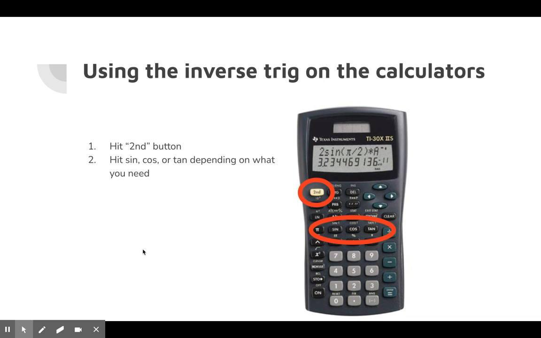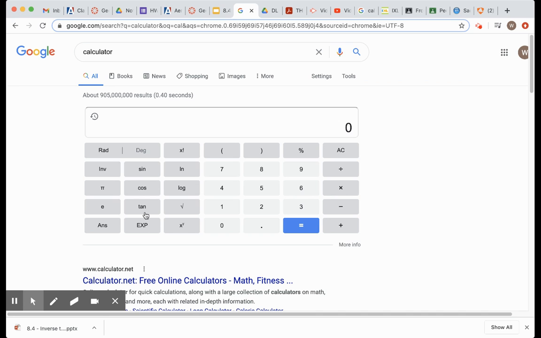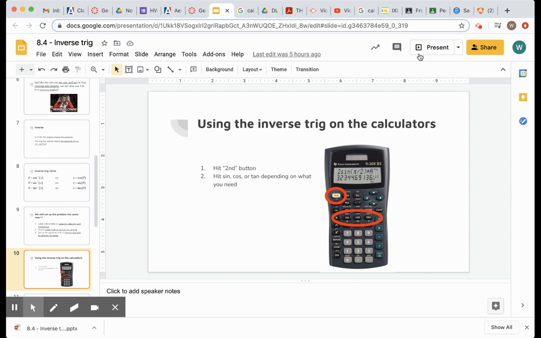If we look at the Google calculator that I've been telling you how to use, sine, cosine, and tangent are here. If we want to use inverse, we hit the INV button over here. INV means inverse, and you see that sine, cosine, and tangent now change to sine -1, cosine -1, tangent -1, which is the symbol for inverse. That's how you use inverse sine on the Google calculator.